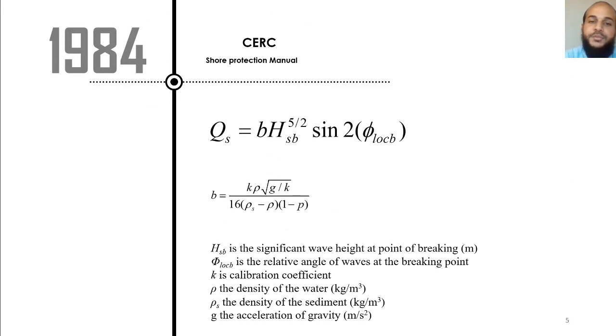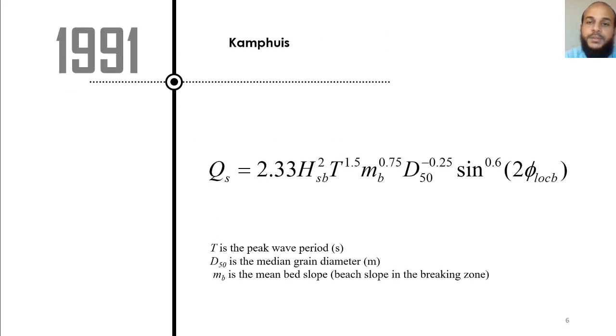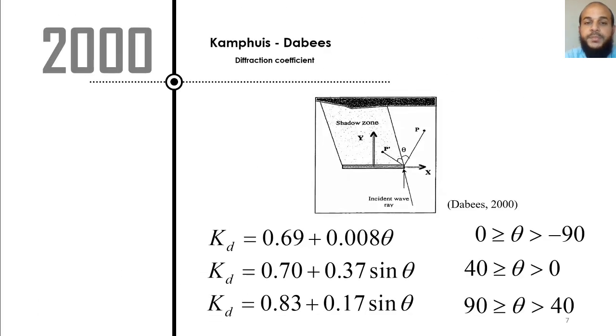In 1984, the Shore Protection Manual provided us with the well-known CERC equation for longshore sediment transport. Also in 1991, Kamphuis provided another formulation for longshore sediment transport.